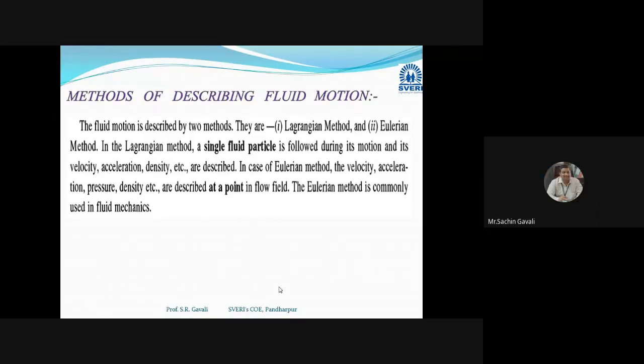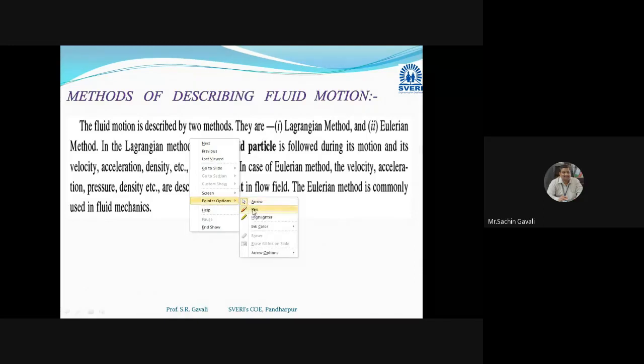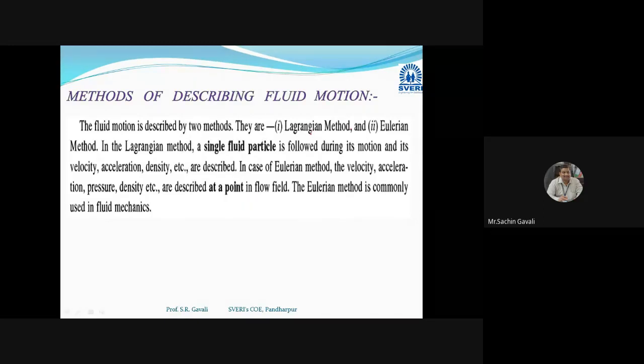Okay. So there are two methods for describing any kind of fluid flow. One is the Lagrangian method, and another is the Eulerian method. To describe the flow parameters of fluid flow, it may be velocity, acceleration, density, pressure.